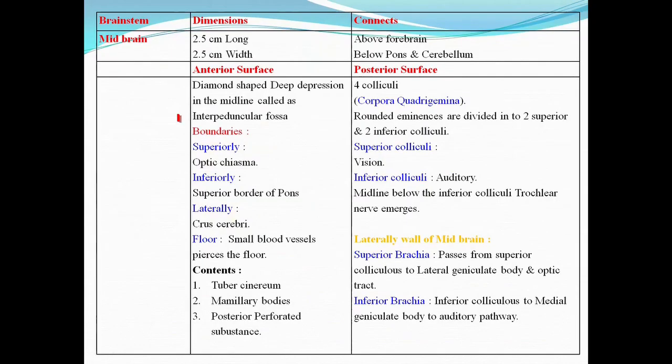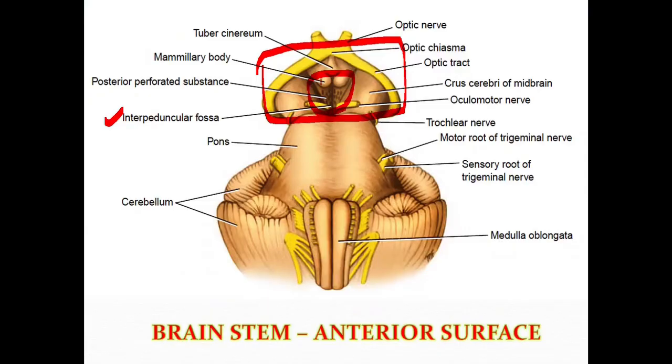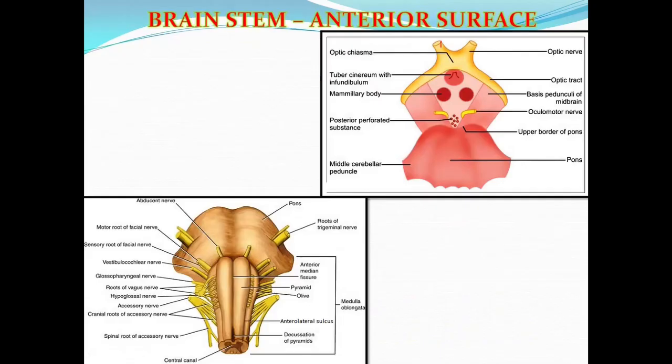For that, we are supposed to study how this fossa is bounded. Superiorly, it is bounded by the optic chiasma, inferiorly by the superior border of the pons. When you see here, the right and left optic nerves crisscross each other to form the optic chiasma. So superiorly I will have the optic chiasma.